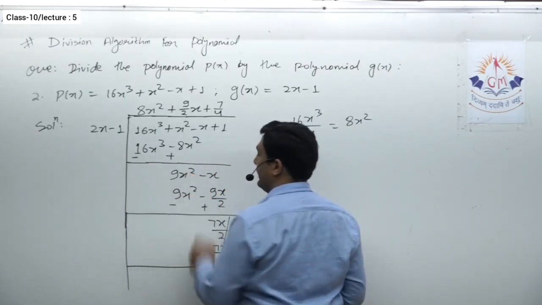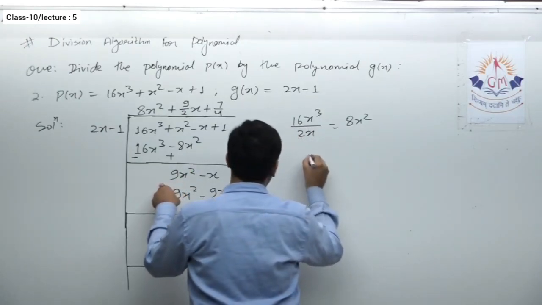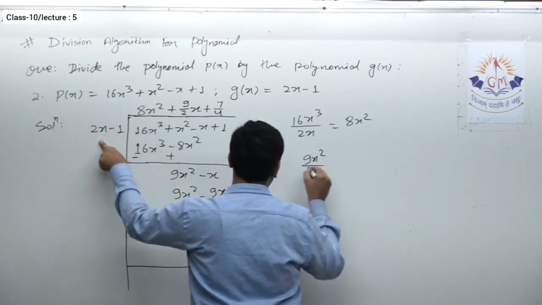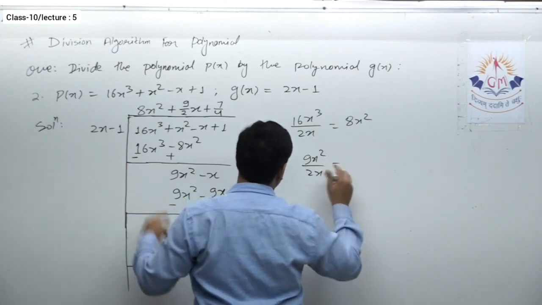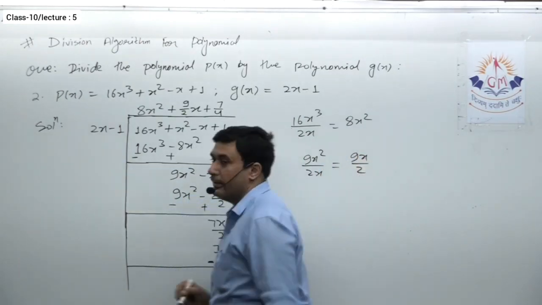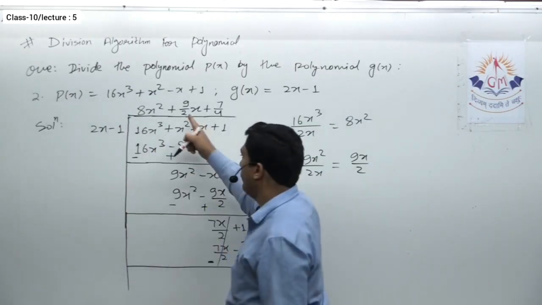Okay, so after that again I follow the same method. Now the first term of the dividend polynomial is 9x square and the first term of the divisor polynomial is 2x. So that gives me 9x by 2. Okay, 9x by 2 is the next term of the quotient polynomial. I wrote it over here.